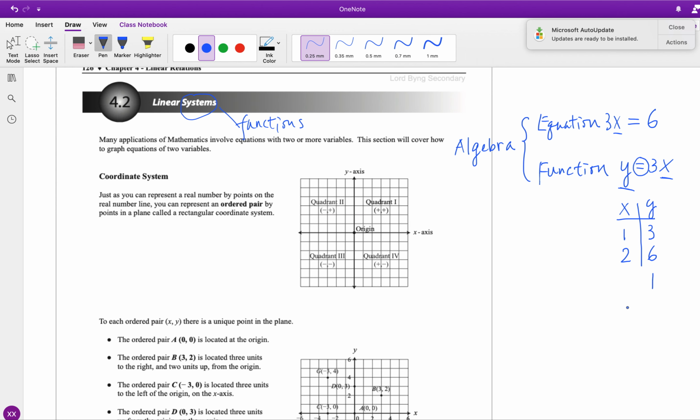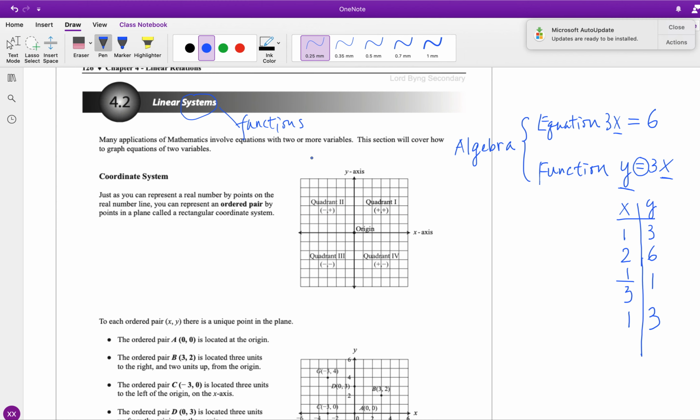Randomly, I just pick y. Now, how much is x? If y equals 1, then x equals 1 over 3. Right? Now, if x equals 3, y equals, sorry, how much is it? This chart has to go longer. If y equals 3, then x equals 1. So they're in this relation.